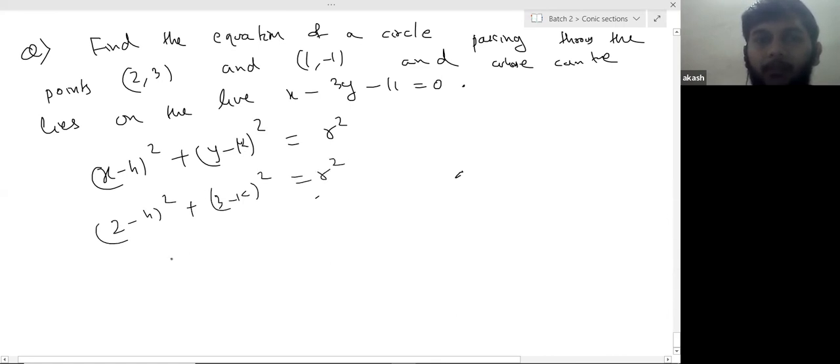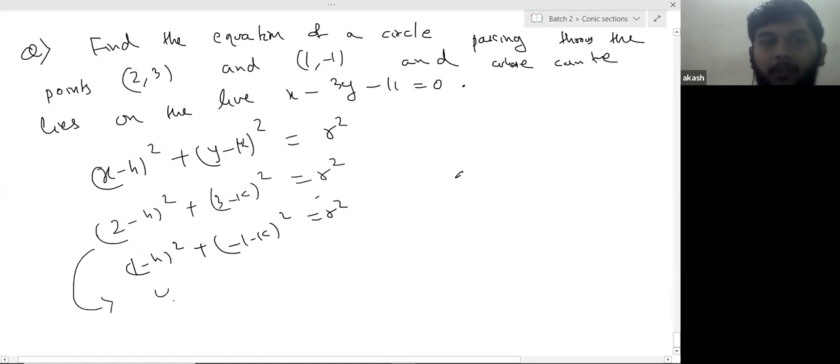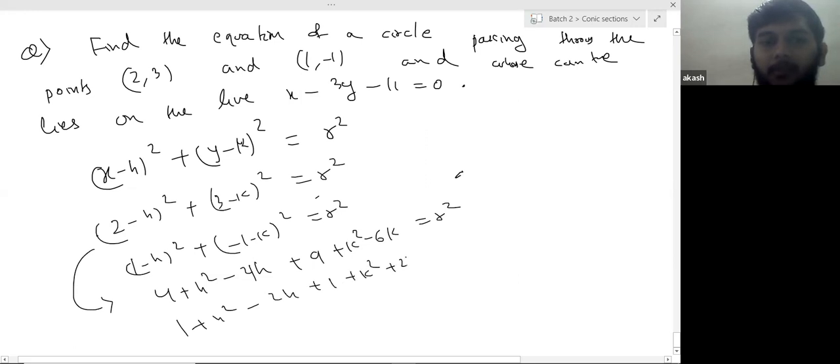And also (1, -1) means (1 minus h) whole square plus (1 plus k) whole square equals r square. Expanding: 4 plus h square minus 4h plus 9 plus k square minus 6k equals r square. And 1 plus h square minus 2h plus 1 plus k square plus 2k equals r square.